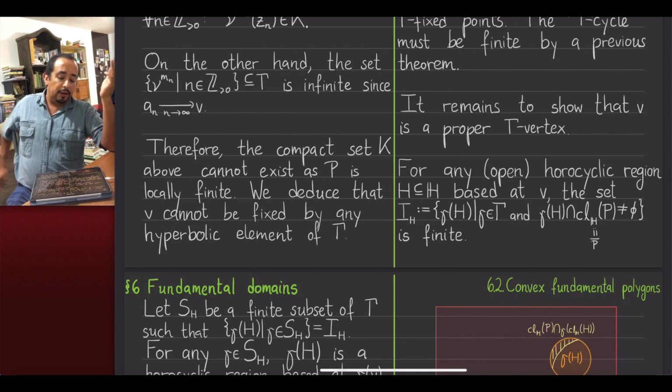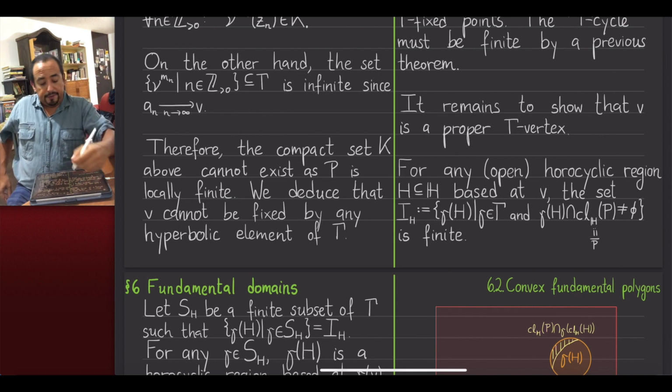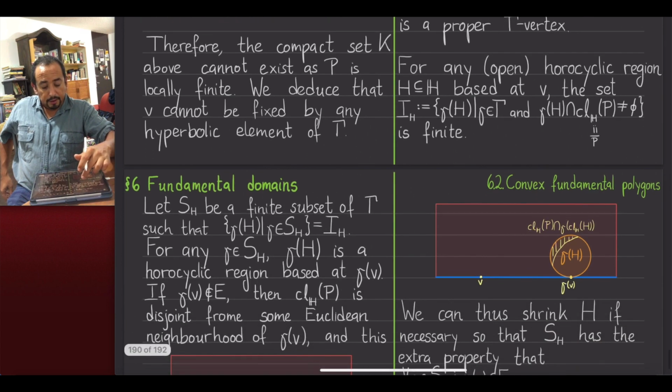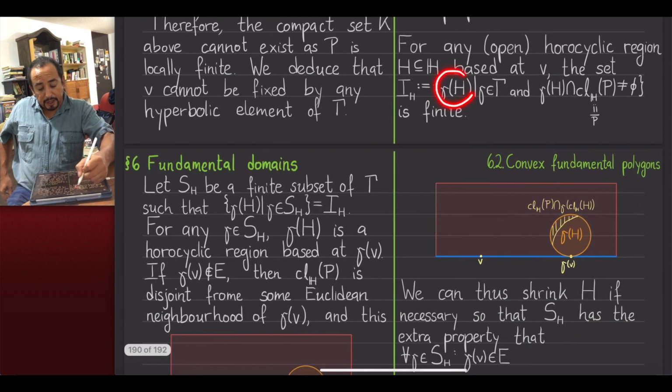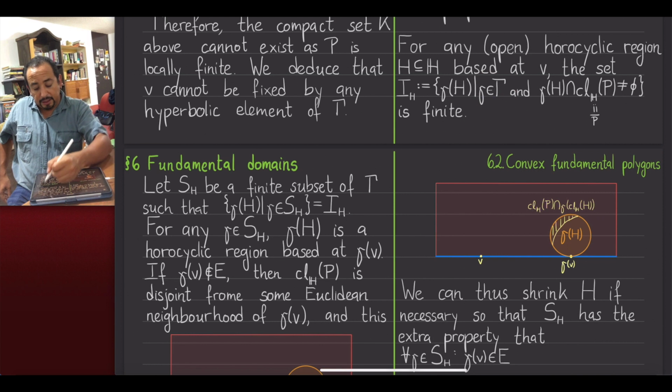For instance, different elements of the stabilizer of V are different, but they preserve H bijectively. In any case, the set of actual images is finite, and being finite, I can extract from gamma finitely many elements that do the job.